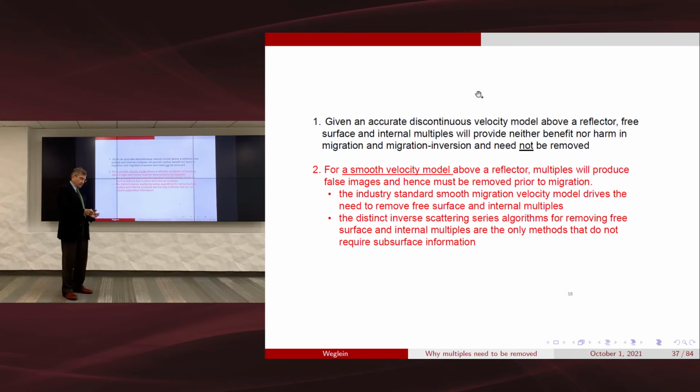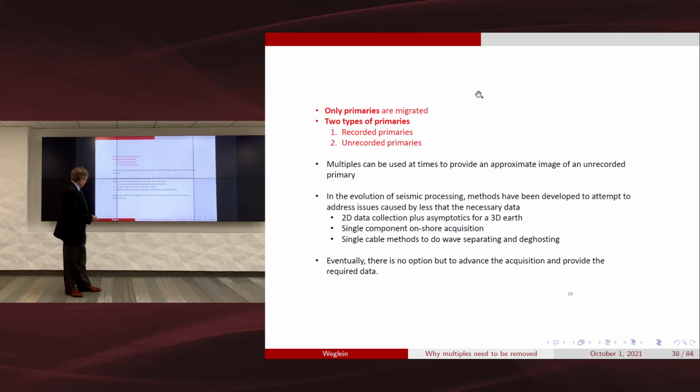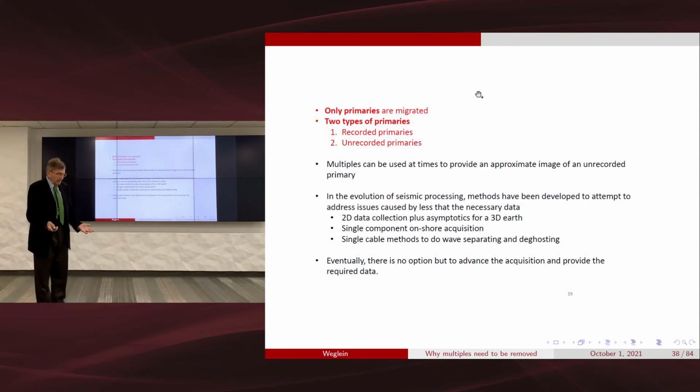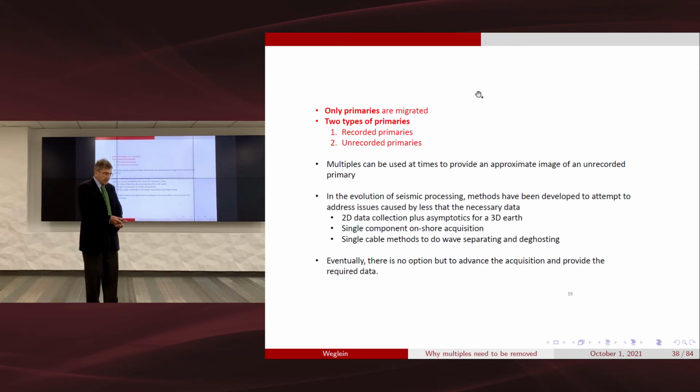Doesn't mean they don't have any assumptions, but subsurface information is not one of them. There are a set of procedures that have to come before multiple removal, deghosting and all. But the only method that doesn't require subsurface information comes from the inverse scattering series. And the inverse scattering series has subseries that remove multiples. If they needed the multiples to do their imaging, amplitude analysis, Q compensation, they wouldn't have the capability to remove it. It's a direct method.